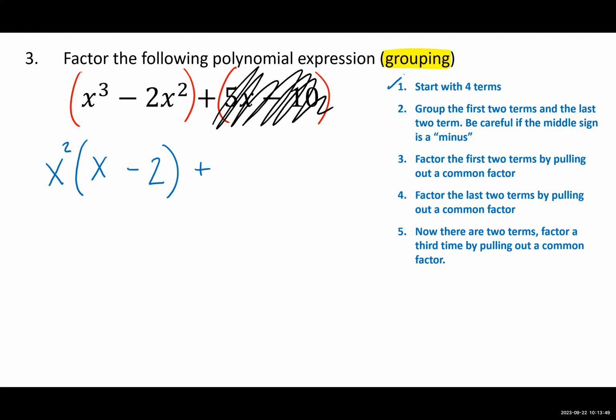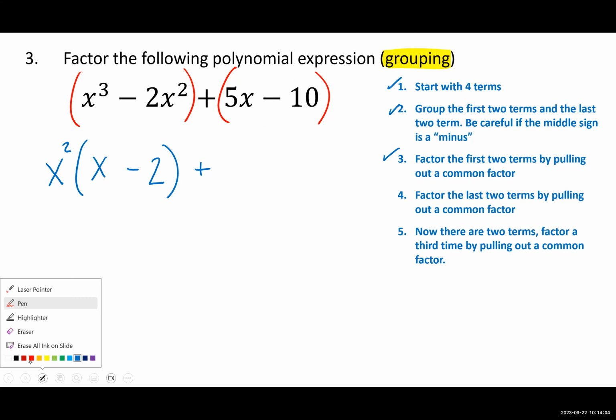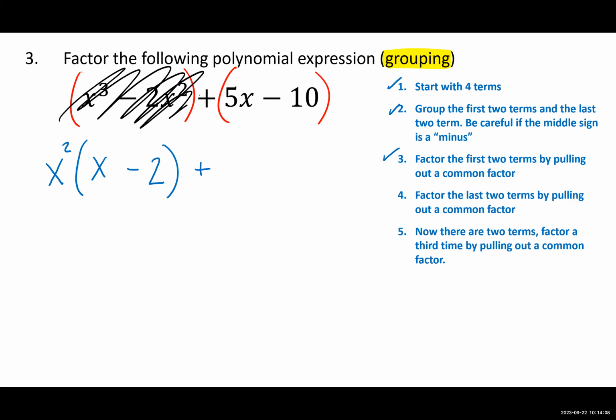So start with 4 terms, group the first two, group the second two, factor the first two terms by pulling out a common factor, and then let's erase that. And now factor the last two terms. So now you could ignore, you don't literally have to cross it out, but you're only looking at the problem half at a time.